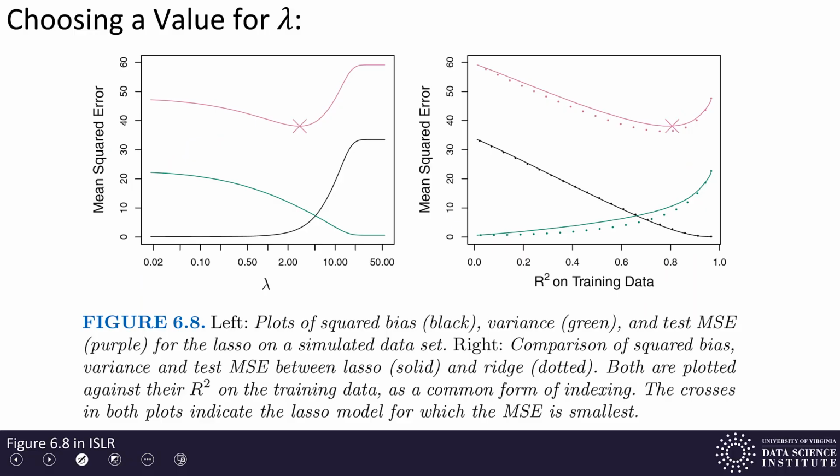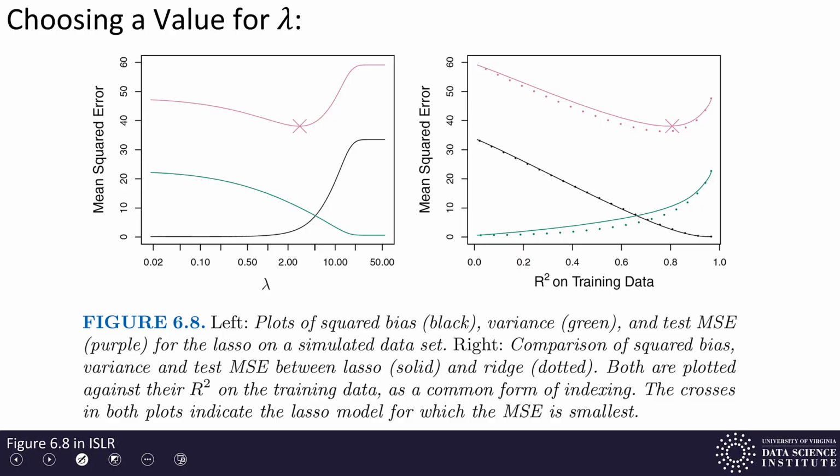On the left-hand plot, we can look at a function of mean squared error for cross-validation based on lambda, and this is for simulated data. And so the way we choose lambda is cross-validation. And as with a lot of parameters, we'll pick the value that gives us the least cross-validation error.